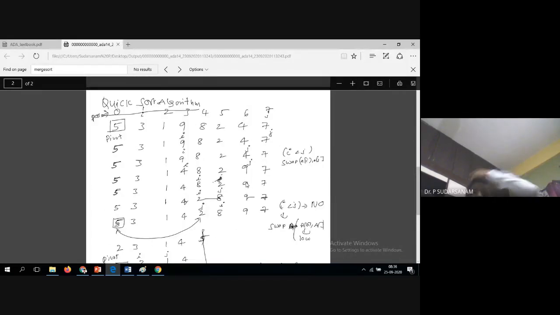Can you see the quicksort that I wrote last class now?